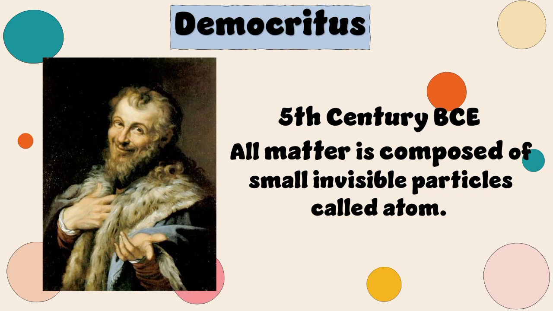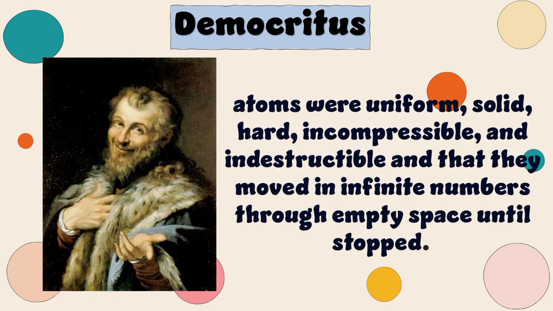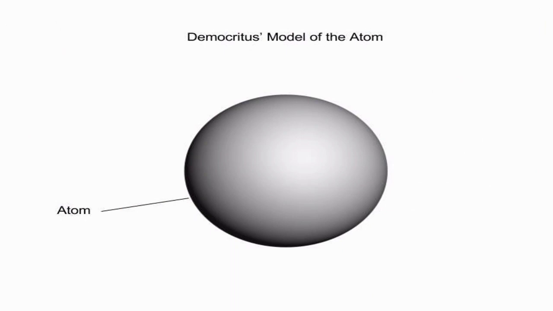Atoms were uniform, solid, hard, incompressible, and indestructible, and they move in infinite numbers through empty space until they stop. Democritus believed that indivisible and indestructible atoms are the basic component of all matter in the universe, and this is how Democritus' model of an atom looks like.